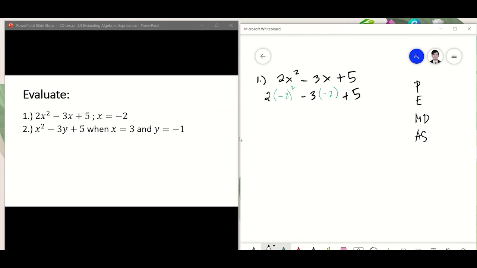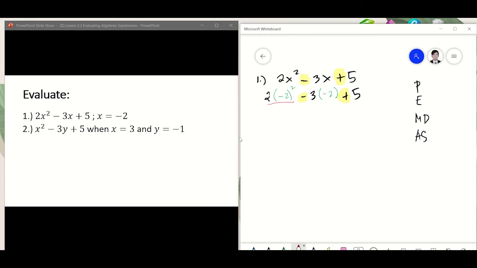But luckily, since we're already aware of the concept of terms in an algebraic expression, we can make things faster. So this is a minus, this is a plus. So that means that we can just think of our first term separately.